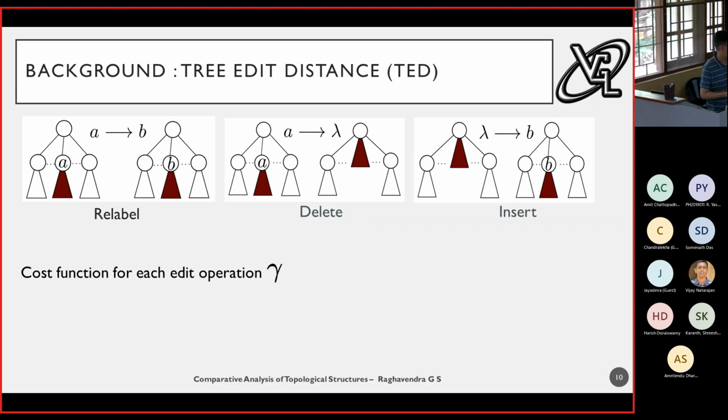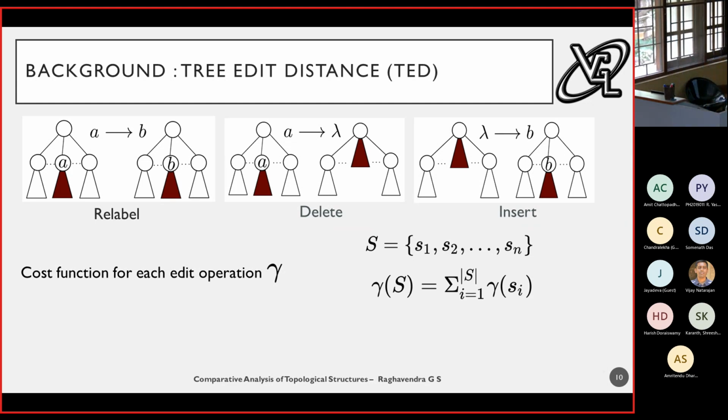For each of these edit operations, we can define a cost, which is given by this cost function, and we can go from one tree to the other via a sequence of these edit operations. If we want to know the cost of going from one tree to the other, we can just add up all these costs and we get the cost of the change.